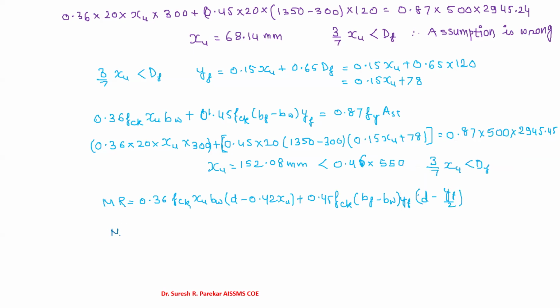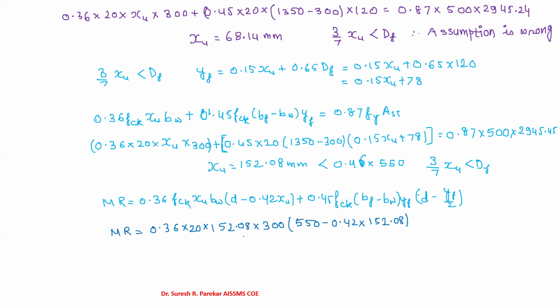So we have MR equal to 0.36, FCK 20, XU we have 152.08, BW we have 300, D we have 550 minus 0.42 into 152.08.